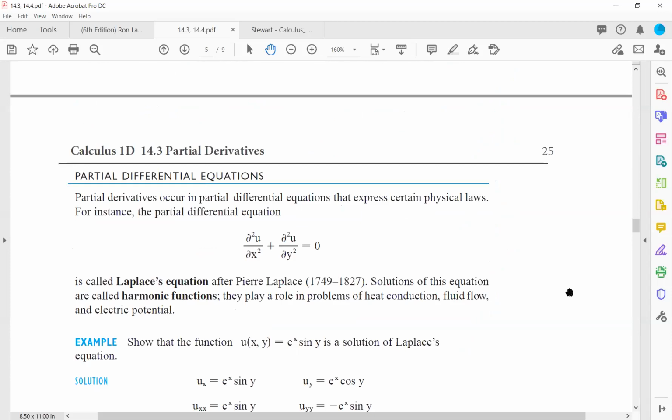We have a very famous equation, the Laplace equation, which says that the second partial derivative of u with respect to x plus the second partial derivative of u with respect to y is 0. If you solve this equation, then the solution set, or the family of solutions, are called harmonic functions.